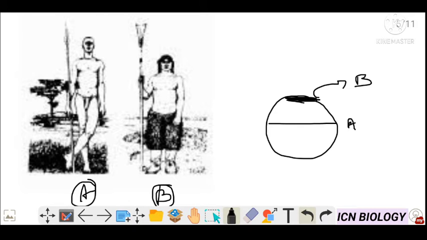In the case of A, if A lives at the equator, then their body size is smaller, right? According to Bergman's rule, if the organism lives at the equator, then their body size should be smaller.